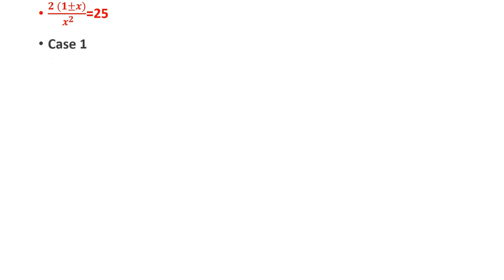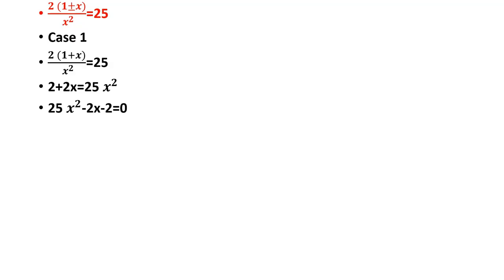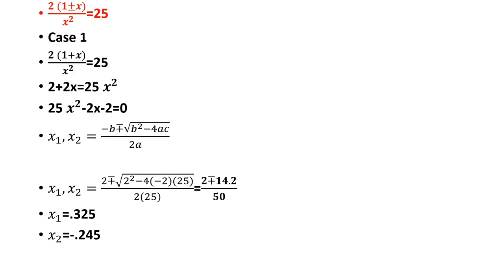In here, for the first case, I use the plus sign. And from here, if we do the cross product, we easily come up with this relation right here. Or if we simplify it, we have 25x². We take these two to the other side, and then x1 and x2 can be found from this relation right here.